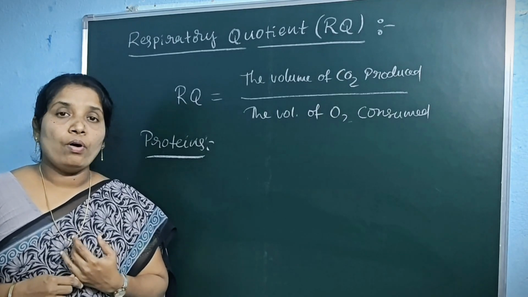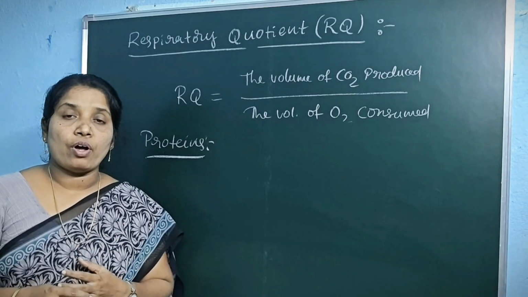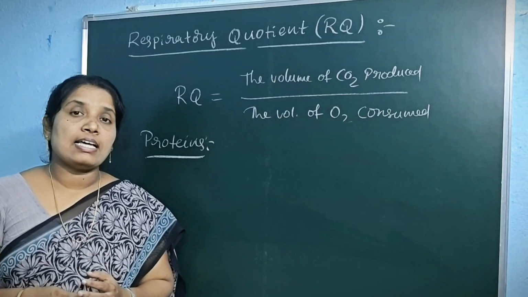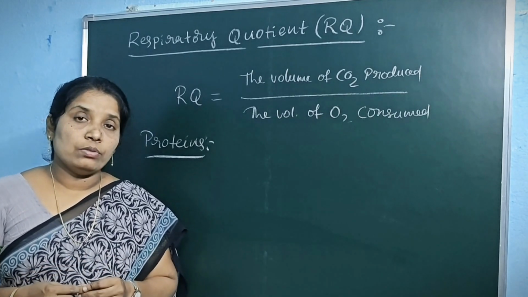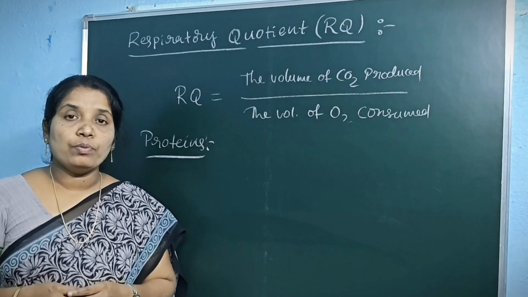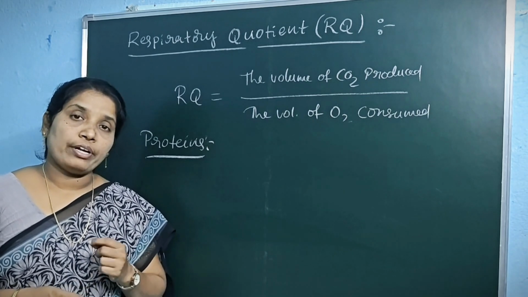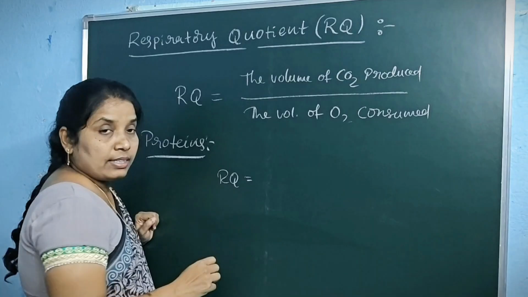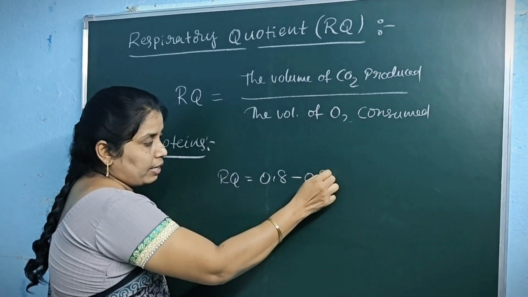Proteins are also very low in oxygen, they are in a reduced form, so they require much oxygen for respiration. That's why the RQ value becomes less than unity. The RQ value for proteins ranges between 0.8 to 0.9.